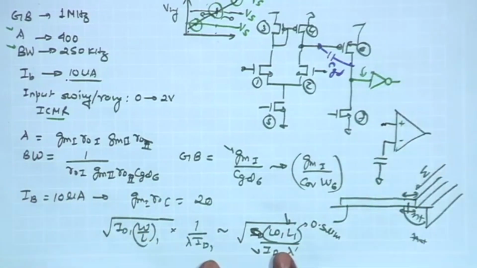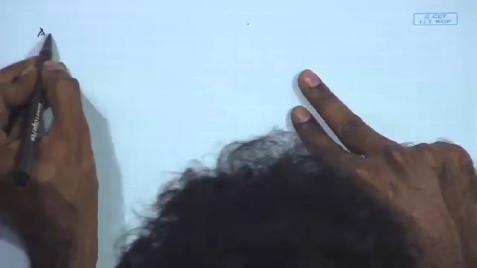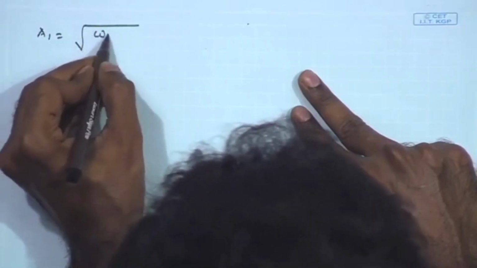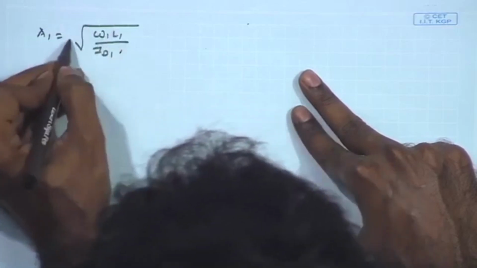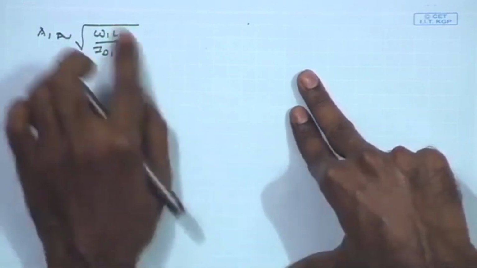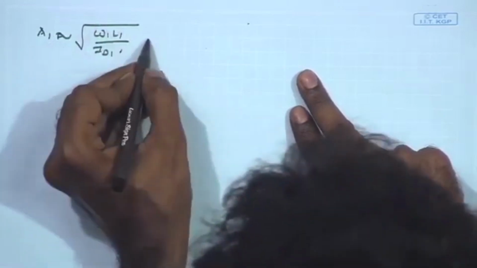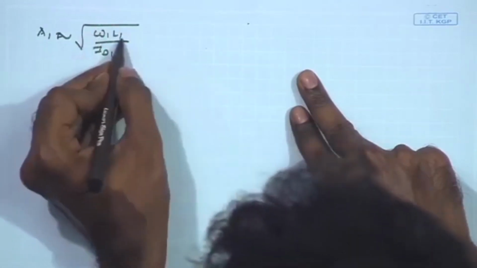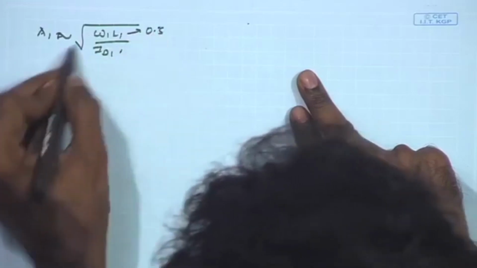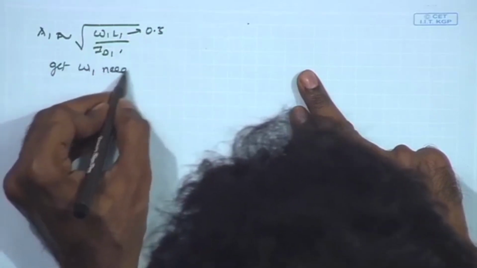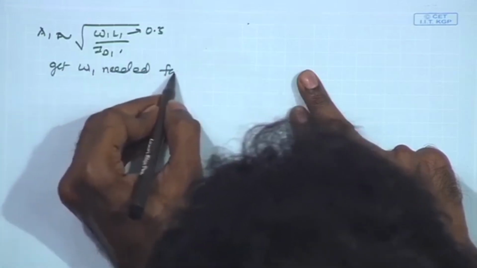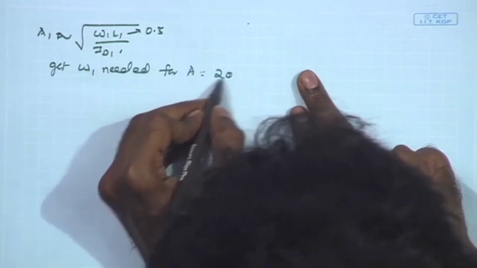Now, the next thing is A1, which is proportional to root under W1 L1 upon ID1. So, once I have determined the W1 required for the selected 0.5 micron length, I get the W1 needed for A1 of 20.